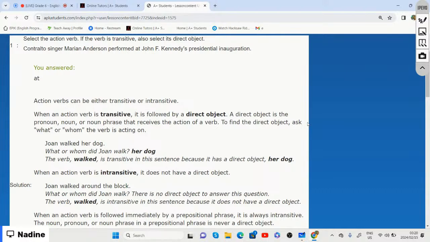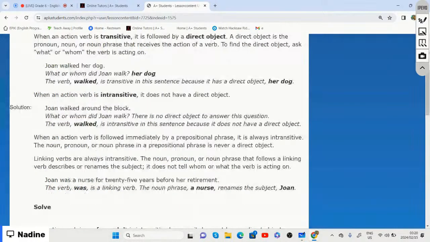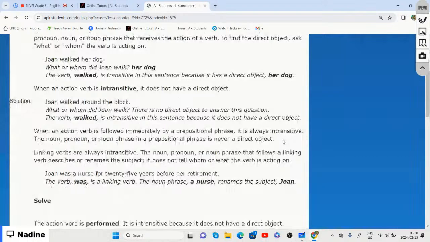And when an action verb is intransitive, it does not have a direct object, which means that even if we ask ourselves what or whom the verb is acting on, we won't be able to answer this question.